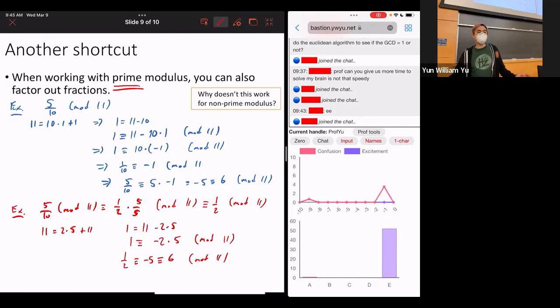So what are the things that you can't always do in non-prime modulus? So what's special about a prime number as your modulus?